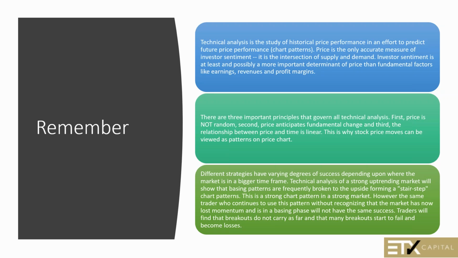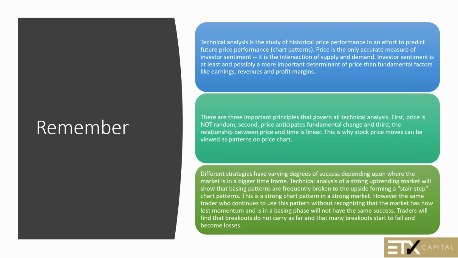Different strategies have varying degrees of success depending upon where the market is in a bigger time frame. Technical analysis of a strong uptrending market will show that basing patterns are frequently broken to the upside, forming a stair-step chart pattern. In other words, push and ease, push and ease.